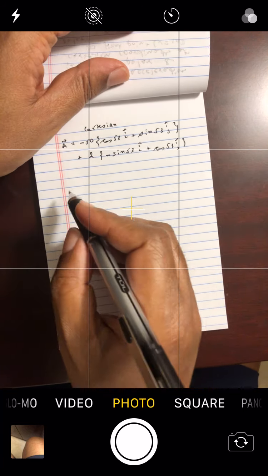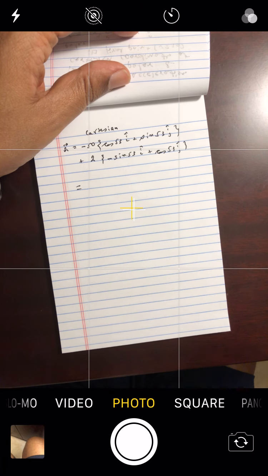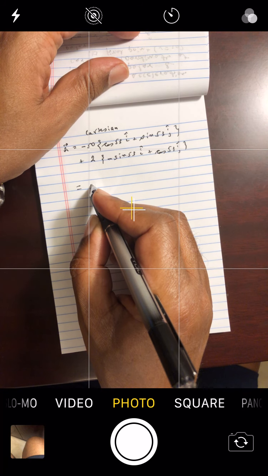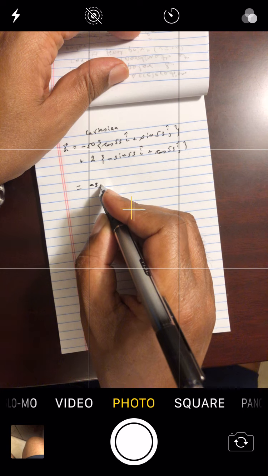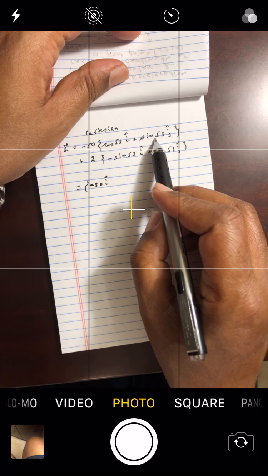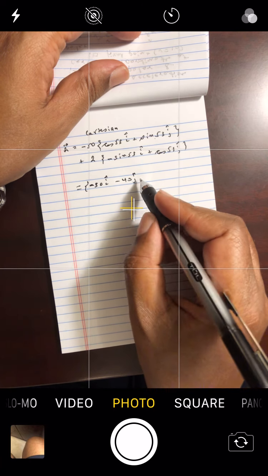Okay, so we have this one, cosine phi3 is about 0.6. Okay, so we've got negative 30 in the i, and this is 0.8, so that's negative 40 in the j.